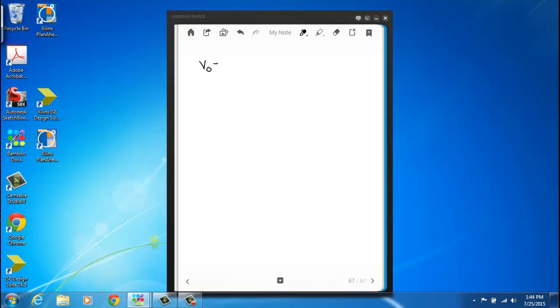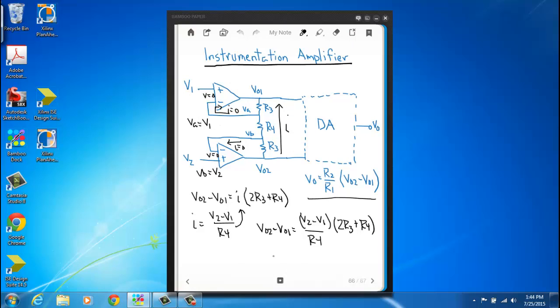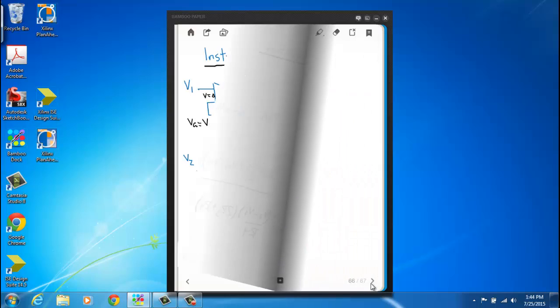In addition to simplifying, what we're going to do is take this expression for VO2 minus VO1 and put it up here into our differential amplifier equation. So we get this additional factor of R2 over R1.